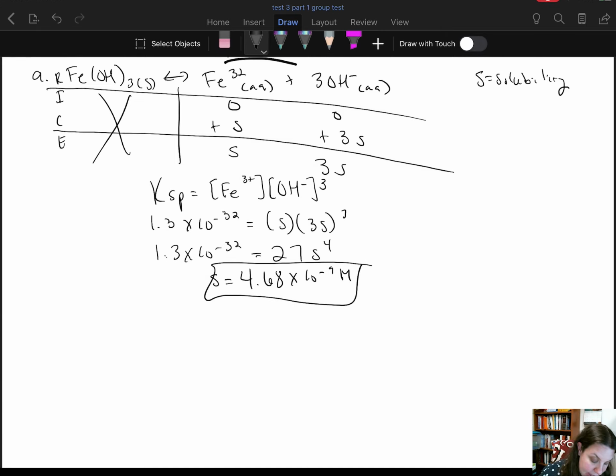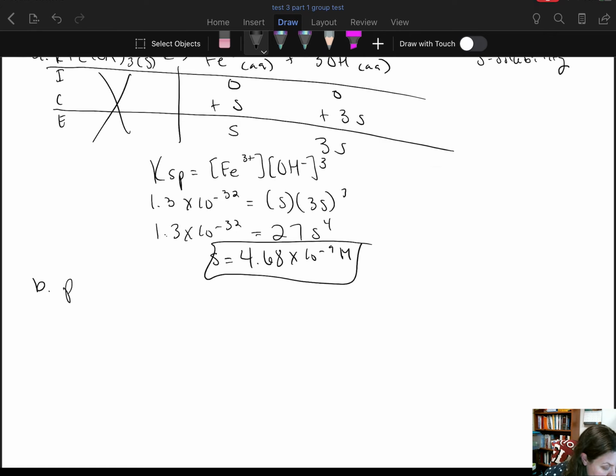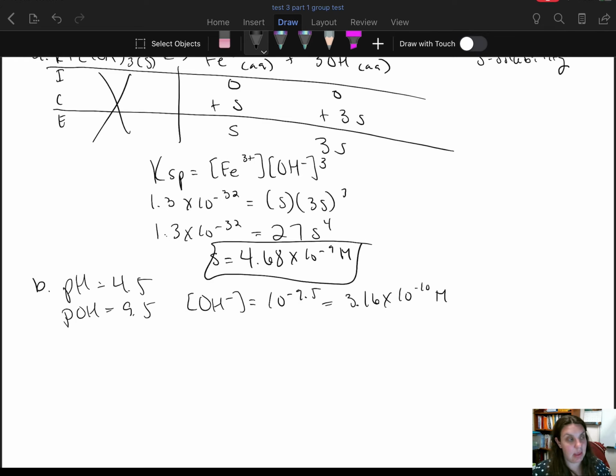Okay. In B, we have a pH equal to 4.5, which means we have a pOH equal to 9.5, and a hydroxide concentration equaling 10 to the negative 9.5, or 3.16 times 10 to the negative 10 molar.